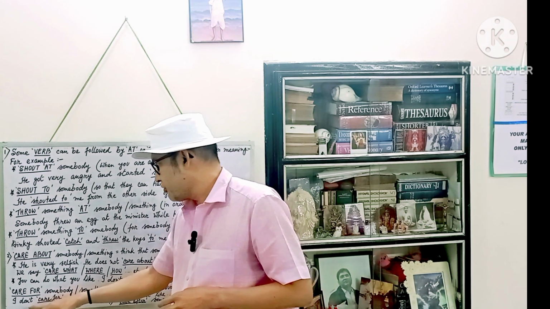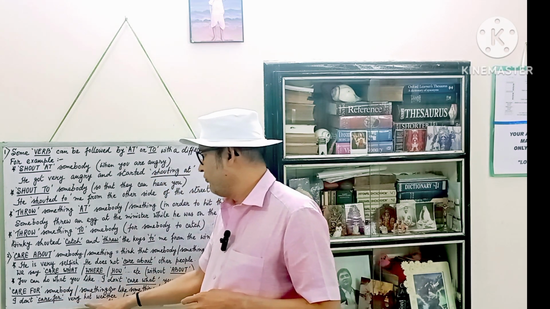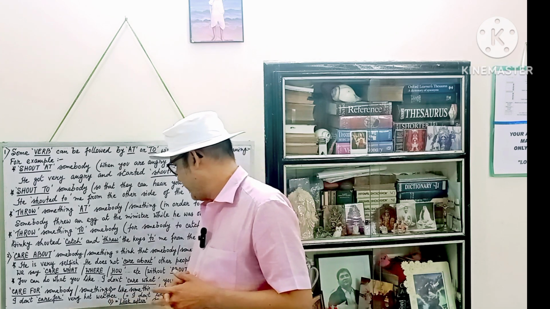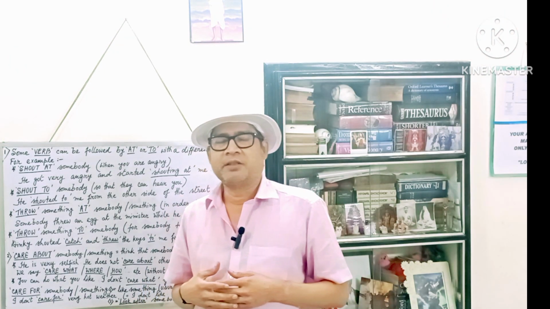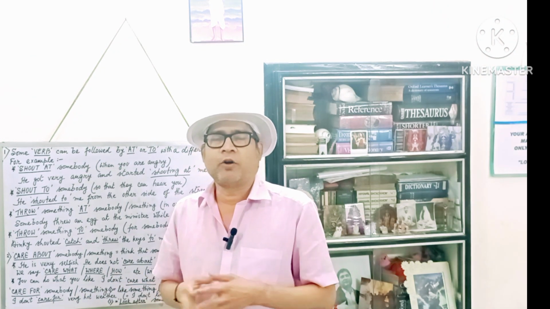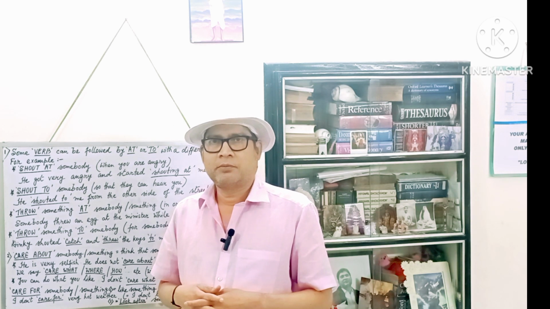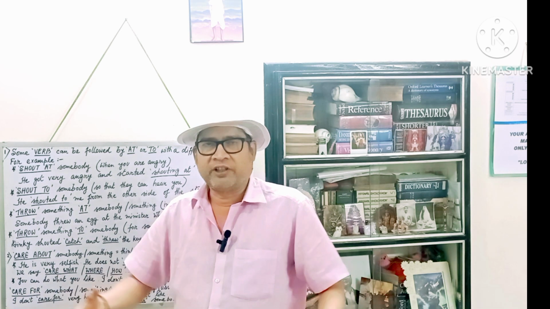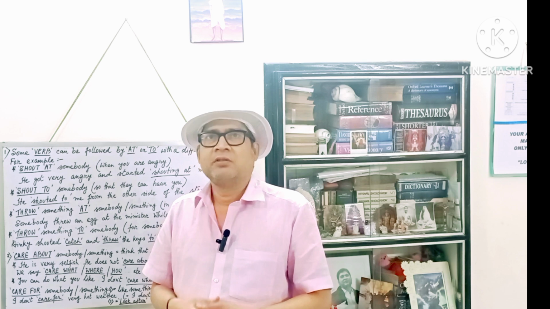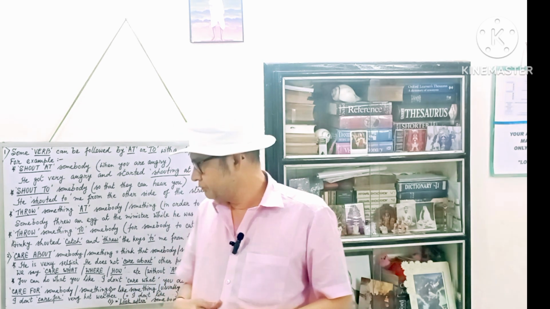Let's see the examples in this. I don't care for very hot weather. It simply means I don't like very hot weather. I don't care for something: I don't like that thing.